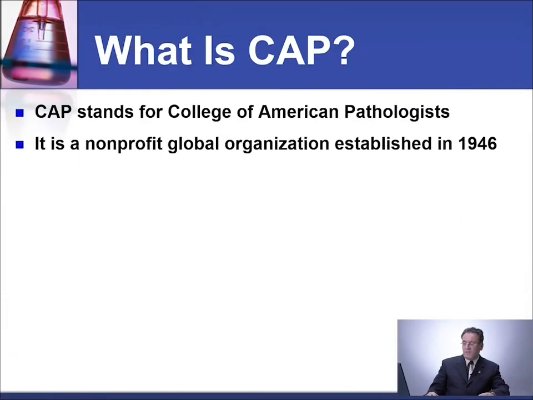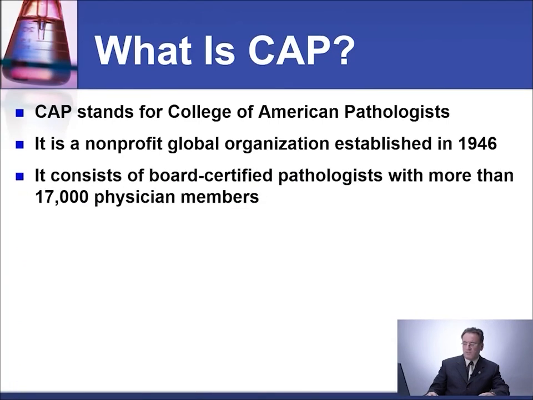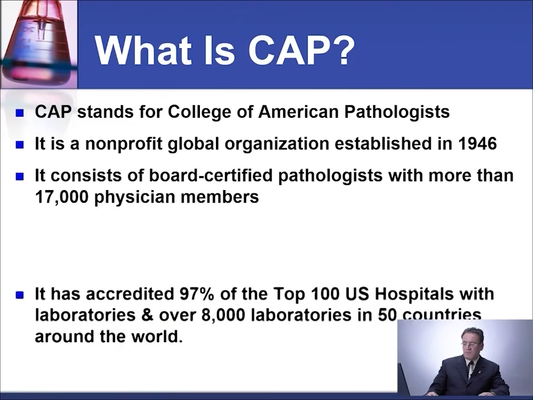What is CAB? CAB stands for College of American Pathologists. It is a non-profit global organization that was established in 1946. It has board-certified pathologists with more than 17,000 physician members.